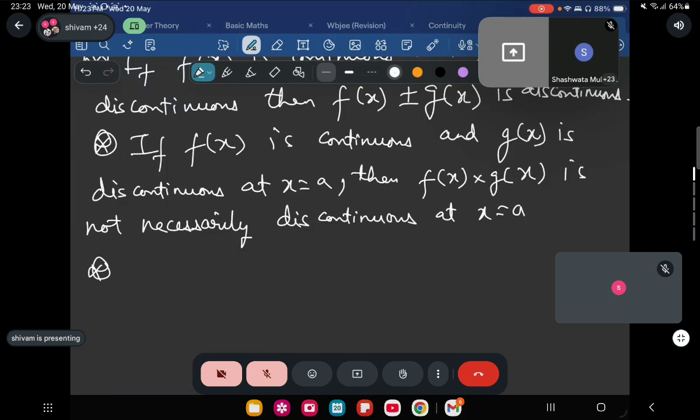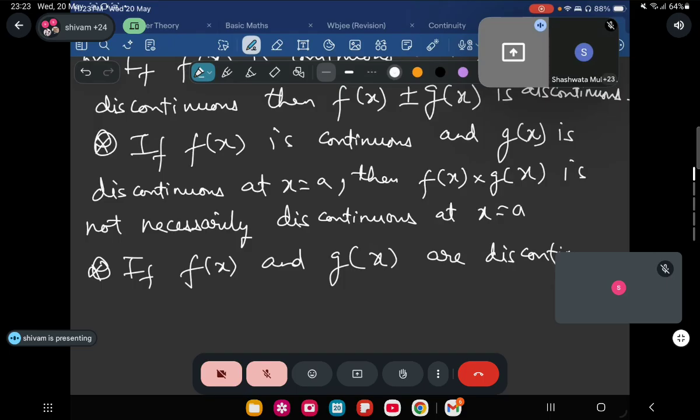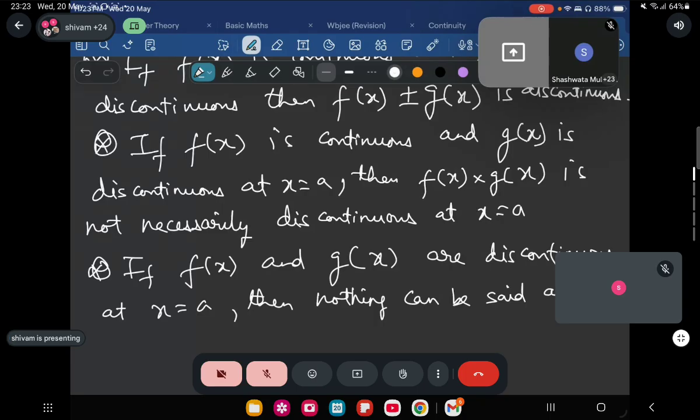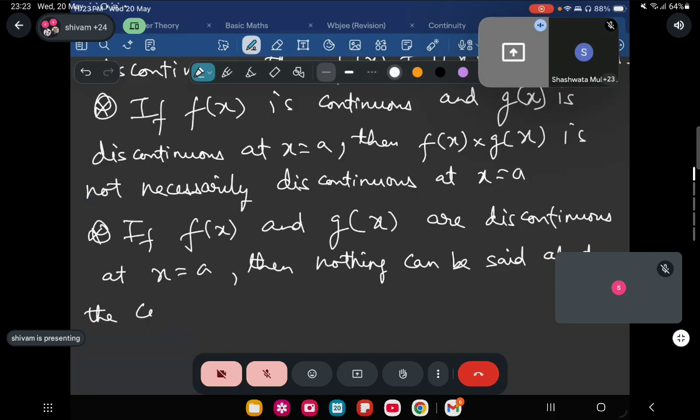Next, if both f of x and g of x are discontinuous at x equal to a, then nothing can be said about the continuity of f of x plus minus g of x.